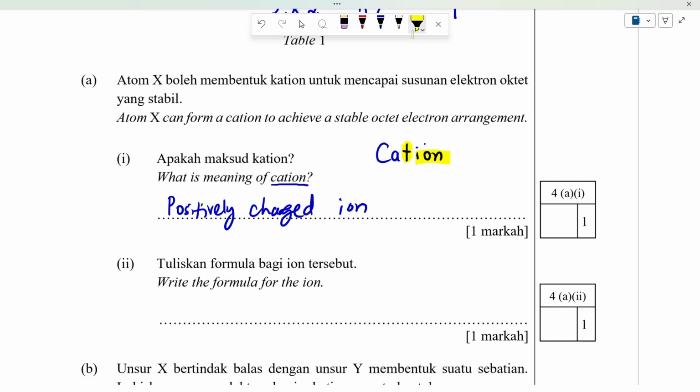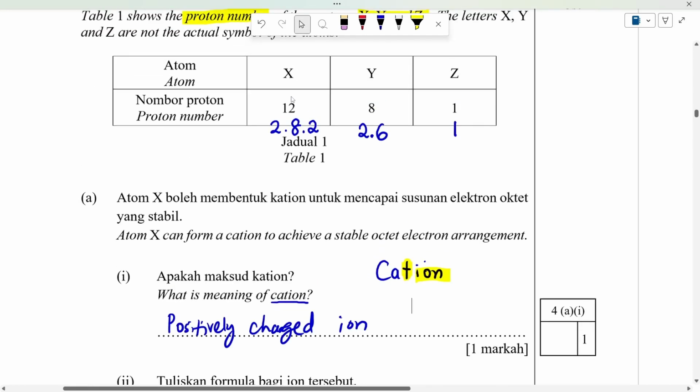Now, the atom X can achieve a stable octet, right? So what is the formula? We have to ask how the atom X achieves an octet electron arrangement. Donate 2 electrons. Very good.